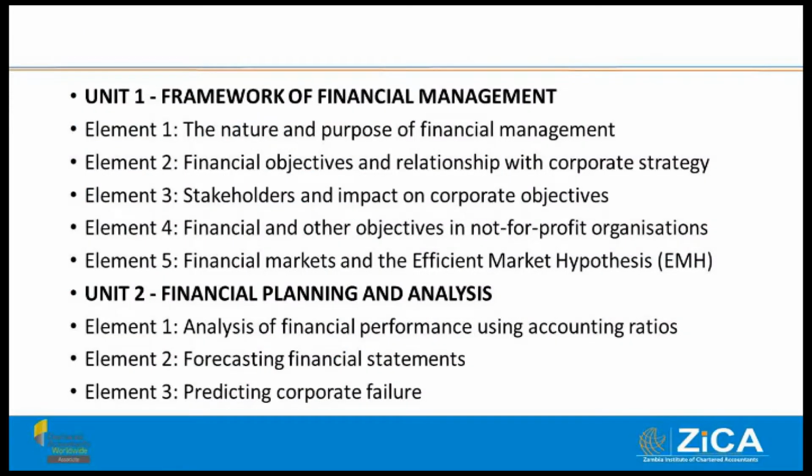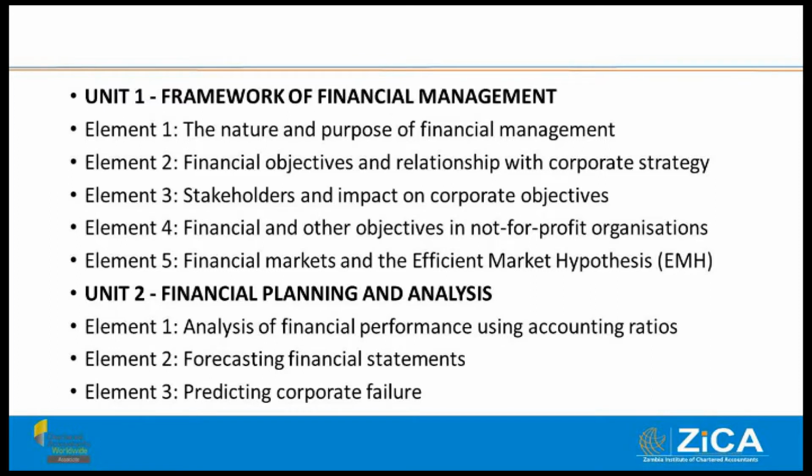Okay, so let's look at the first item in our presentation, learning objectives and outcomes. So what are the learning outcomes for D2? The paper is comprised of about 7 units. Each unit is made up of subtopics referred to as elements. So the first one deals with financial management.